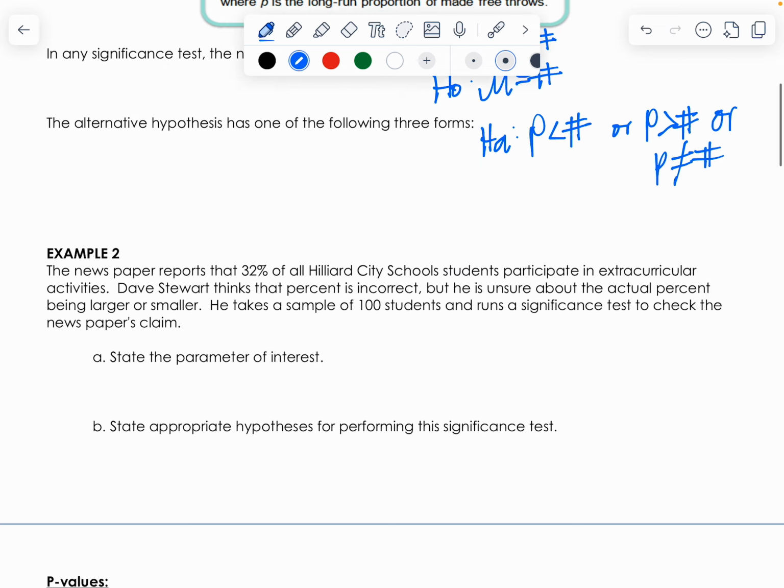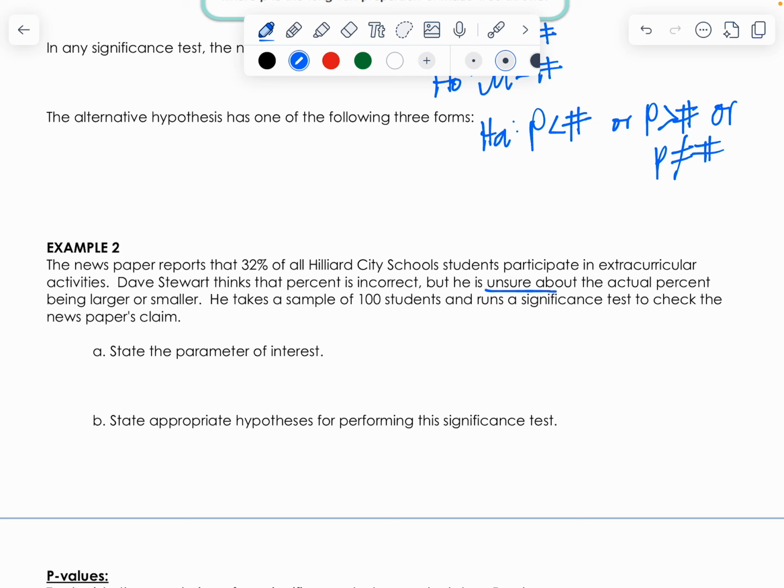Okay, so here it says the newspaper reports that 32% of all Hilliard City School students participate in extracurricular activities. Dave Stewart thinks that percent is incorrect, but he is unsure about the actual percent being larger or smaller. That's really important. He takes a sample of 100 students and runs a significance test to check the newspaper's claim.